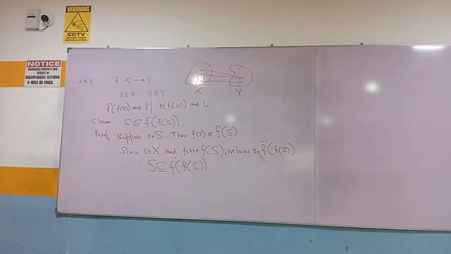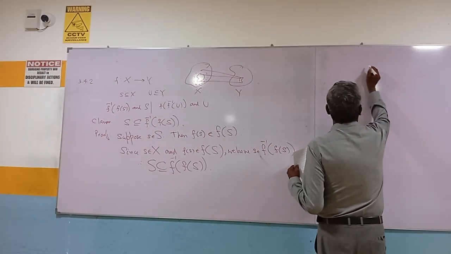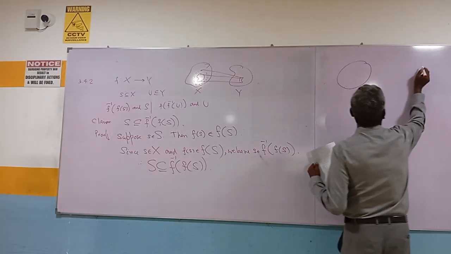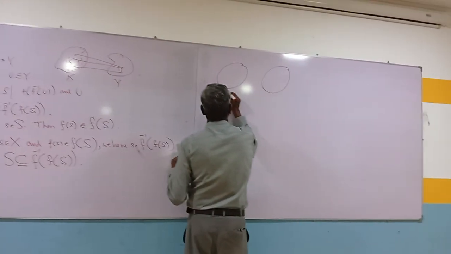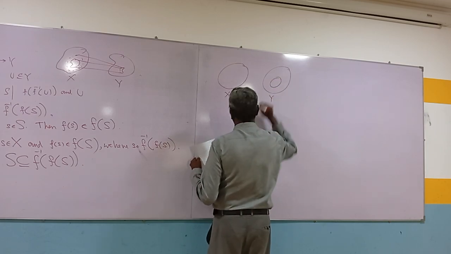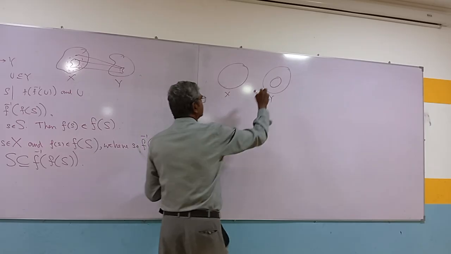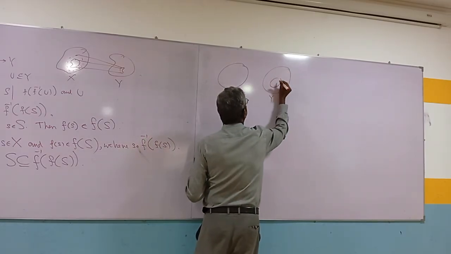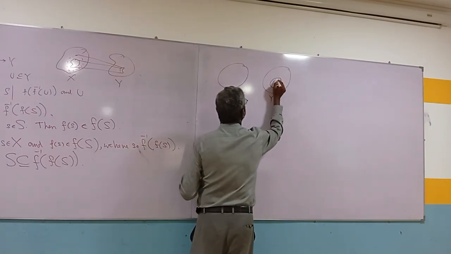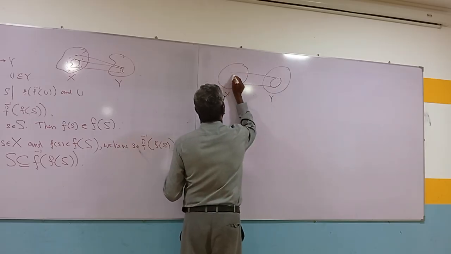The other part is U, a subset of Y. Now let's draw a picture. Here is X, here is Y, and here is U. Now you take F inverse of U, and you get some set.